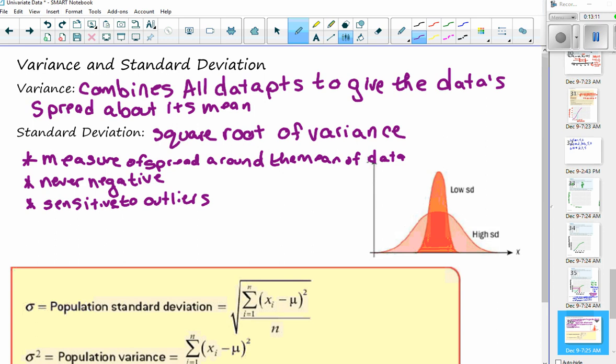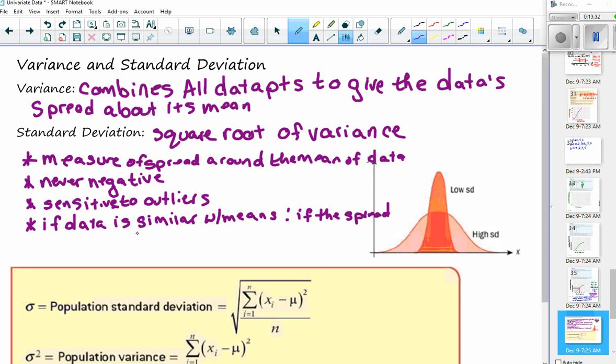And then the last thing: if the data means are similar, then if the data spreads out more from the mean, the standard deviation is greater.